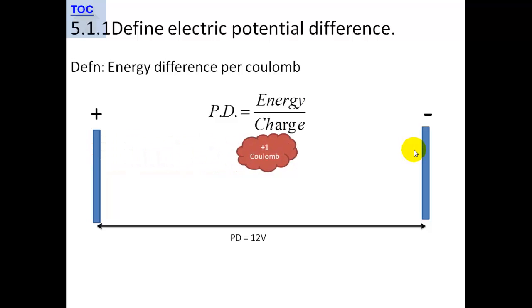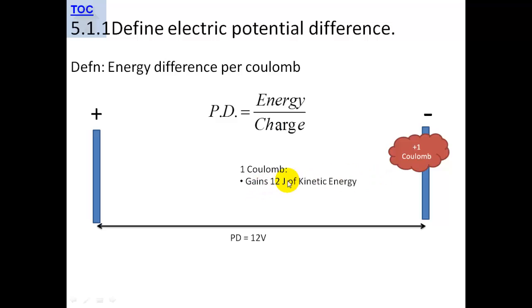As it moves across, it gets faster and accelerates, and it will gain 12 joules of energy, which also means it will lose 12 joules of potential energy. So it gains 12 joules of kinetic energy, which means it loses 12 joules of potential energy. So 12 volts means basically 12 joules for each coulomb.